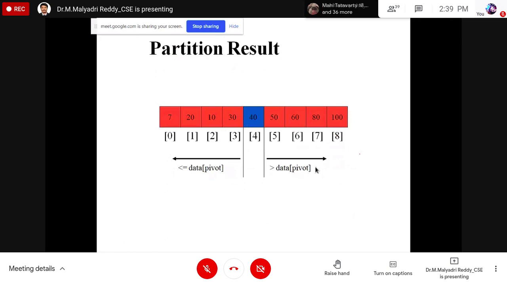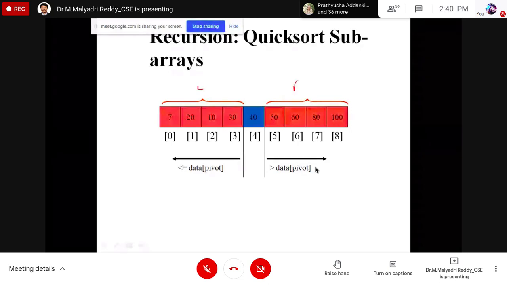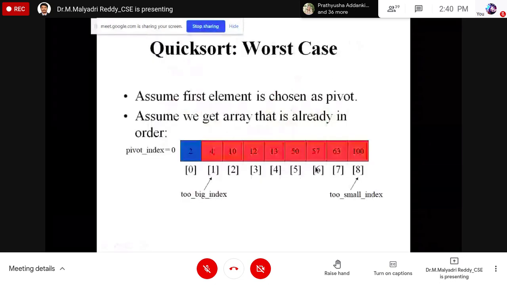This is one more example of what I just explained. In quicksort, one subarray is less than the pivot element and the other is greater than the pivot element. Again I have to apply the same recursion: a call for the left index and a call for the right index. The same procedure is repeated.